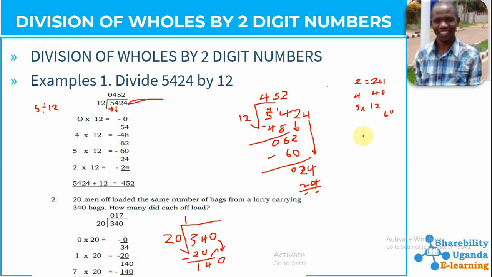So how do we come up with that one? Then we have to look at these figures of ours. We are having 140. We are going to divide it by our 20. So if we say 2 times 20, that is 40.